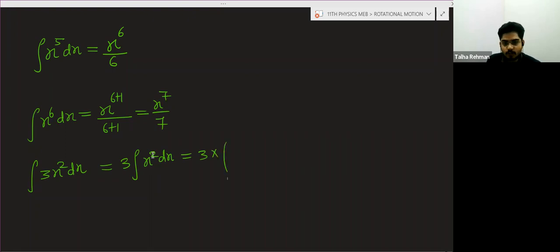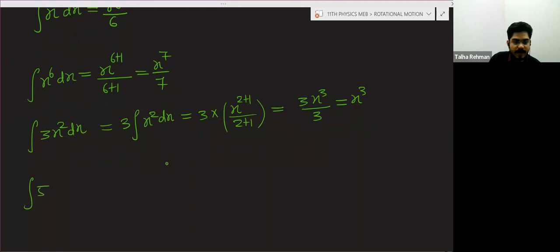So here is x square, and we are doing the integration. So we will write it as x square plus 1 divided by 2 plus 1. So the answer will become 3 x cube divided by 3. So basically 3 and 3 will cancel out, so it will be x cube.